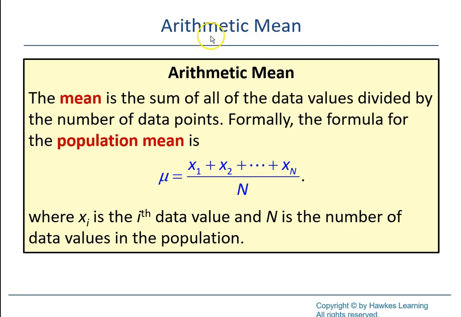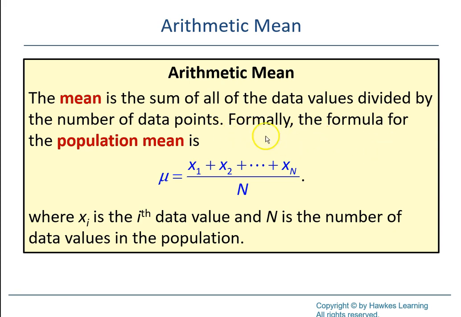The first, and we've done a little bit of this in the past, the arithmetic mean, in a sense, is an average. The mean is the sum of all data values divided by the number of data points.